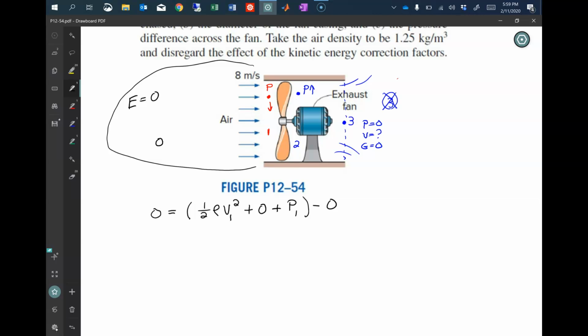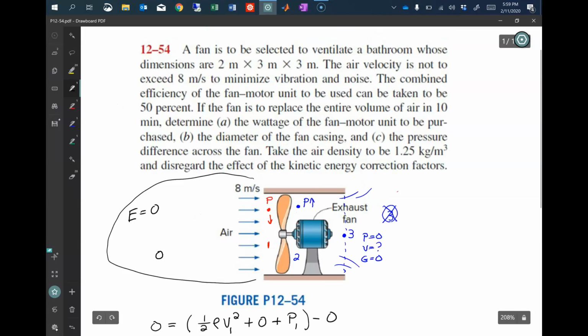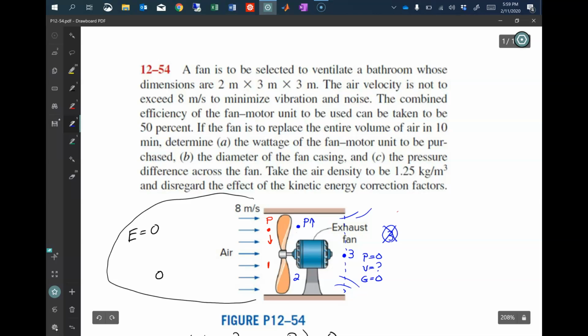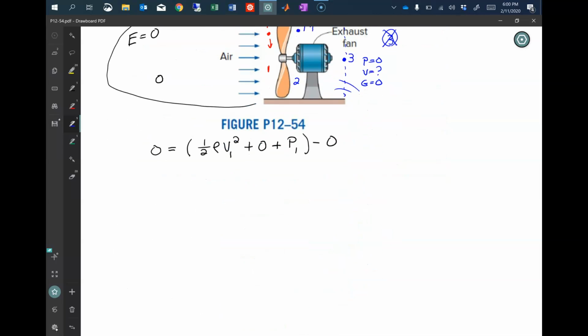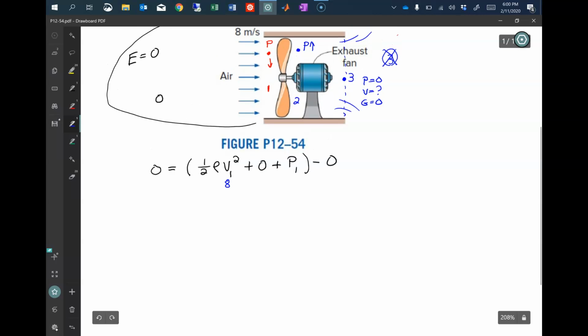Now in the problem it says that they want it moving no faster than 8 meters per second. So I'm going to make that 8 meters per second. So V1 is 8. There's only one unknown in this, so I can calculate P1.